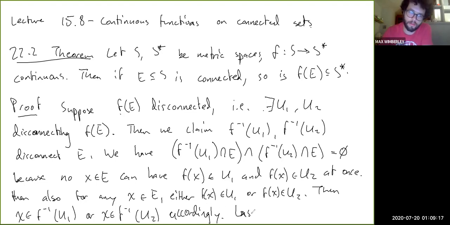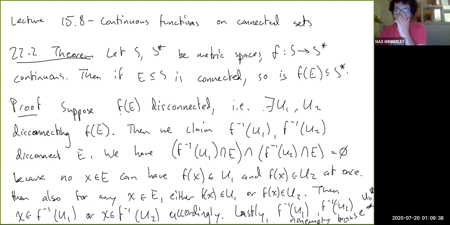Lastly, F inverse of U1 and F inverse of U2 are non-empty because U1 and U2 are non-empty.